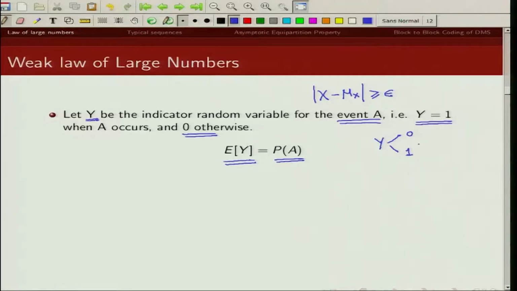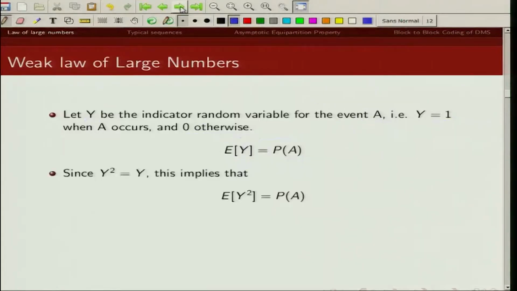It takes value 1 when the event A happens, and that happens with probability P of A, and when event A doesn't happen, that's the probability of the complementary event, which is 1 minus P of A. So the expected value of y is 0 times this probability plus 1 times the probability of A. So that's why the expected value of y is nothing but the probability of A.